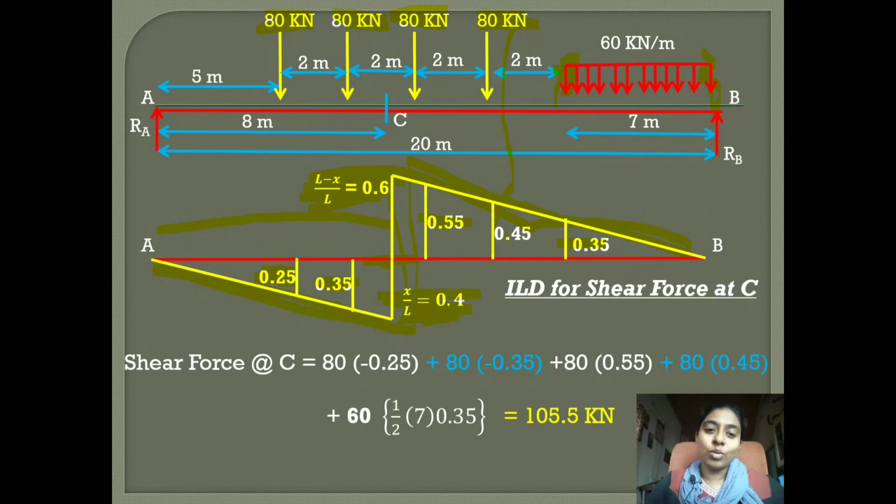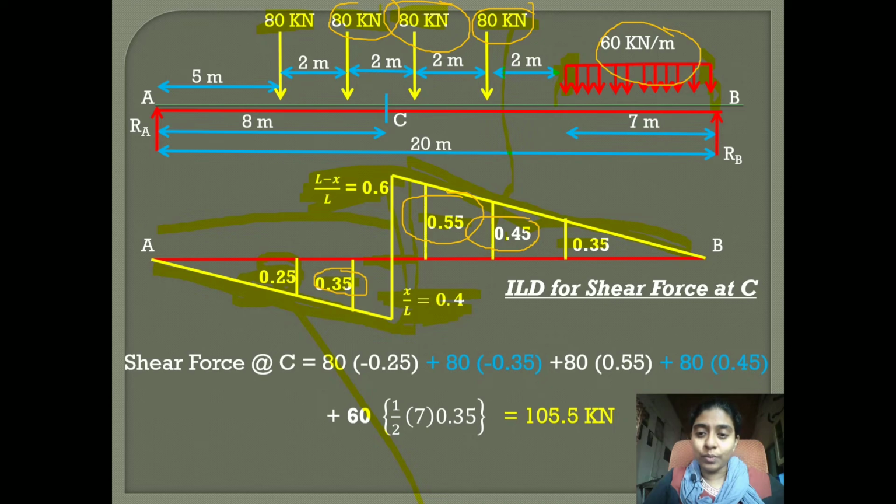So we get 80 into the negative ordinate 0.25, then 80 into the negative ordinate minus 0.35, plus 80 into the positive ordinate 0.55, plus 80 into the positive ordinate 0.45, plus 60 into the area under the load.